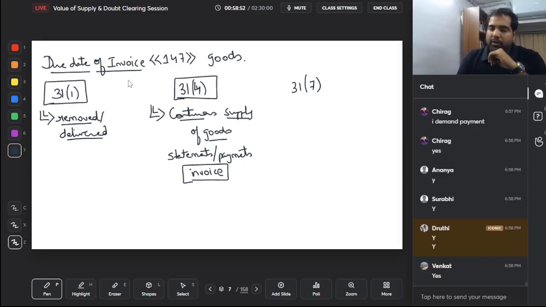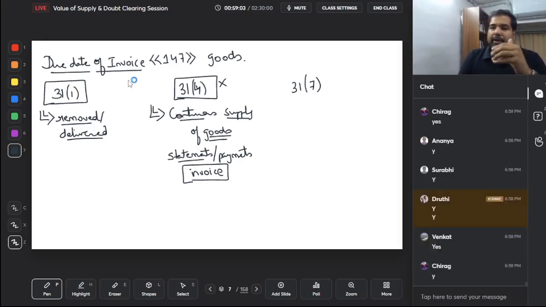So this is for continuous supply of goods, not very important, guys. Continuous supply of goods, guys. Do you get a statement? Yes. So on or before that statement date, you should get the invoice. Can I get it with the statement? Yes, that's what in reality it happens. You get a statement and you get an invoice.